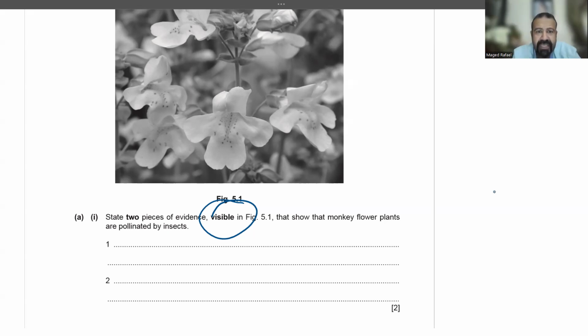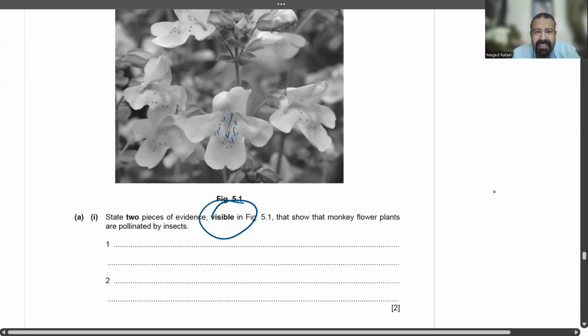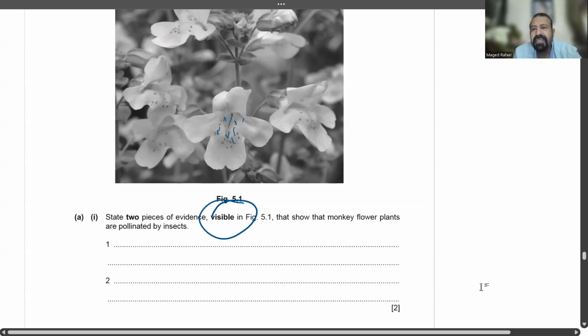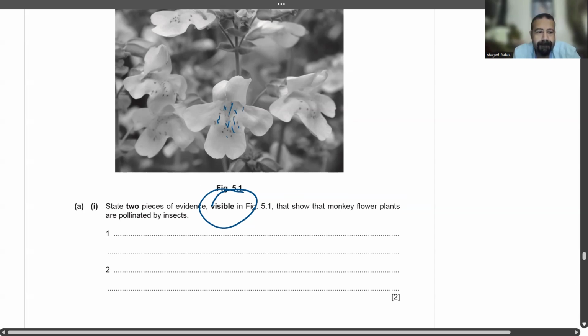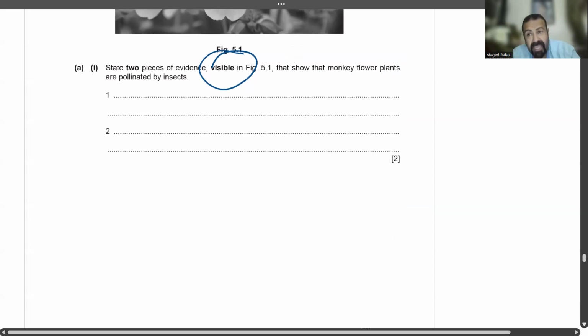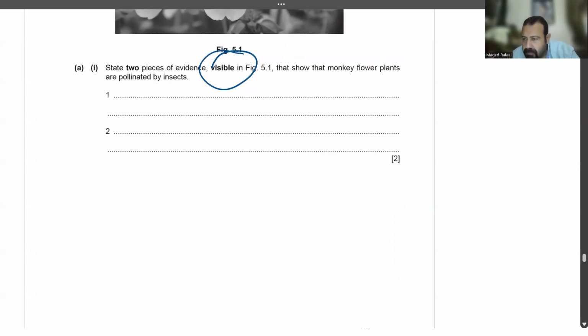In front of me, all of these spotted patterns attract the insects as well. It's like the nectar guide we used to write, but here we have spots instead of a nectar guide. Or we can say the spotted pattern is used as a nectar guide to attract the insects.